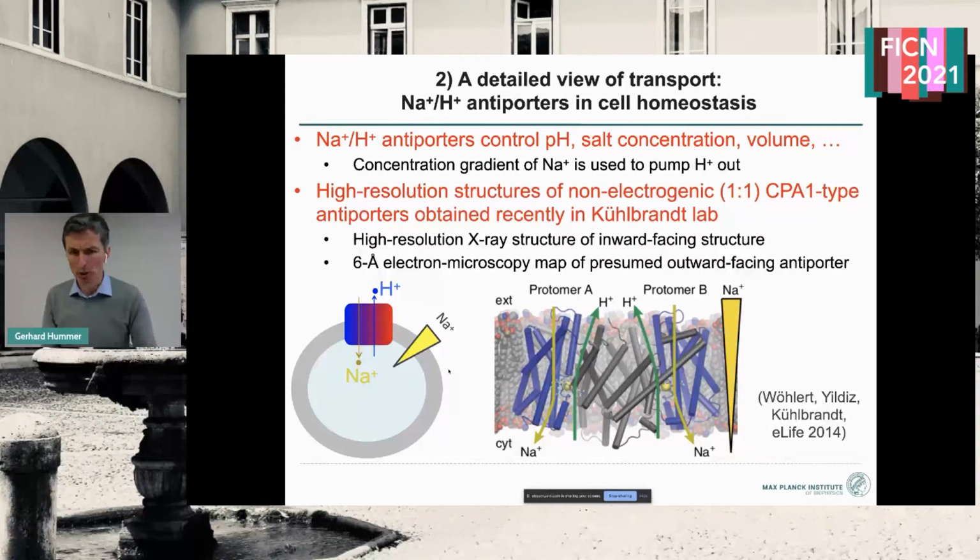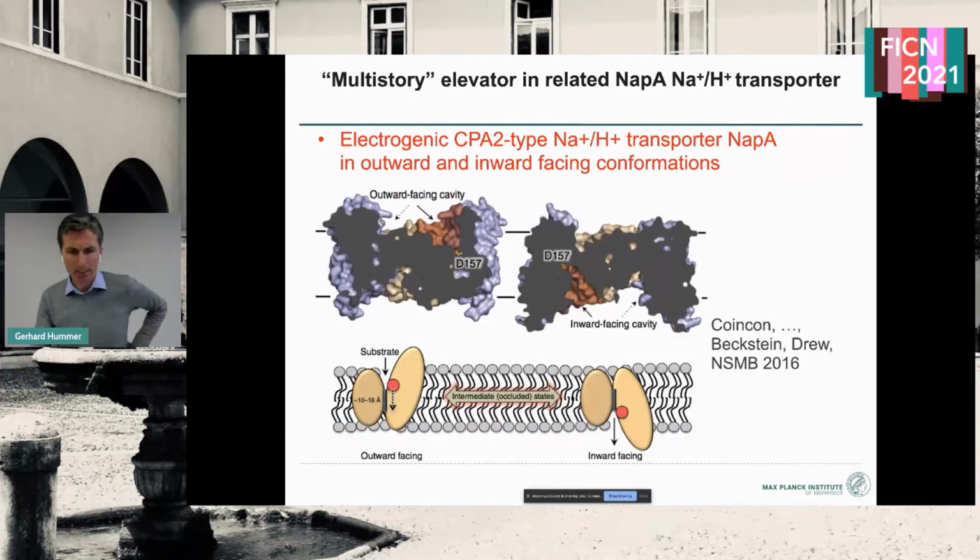And so we have structures of one of these, both in an inward-facing and in an outward-facing conformation, albeit at only low resolution in the outward-facing structure, which comes from an electron microscopy map.